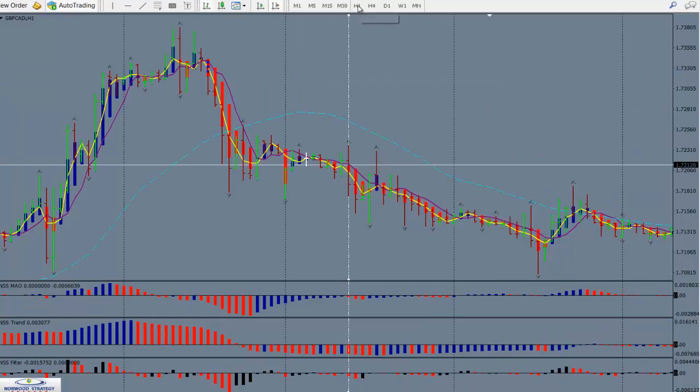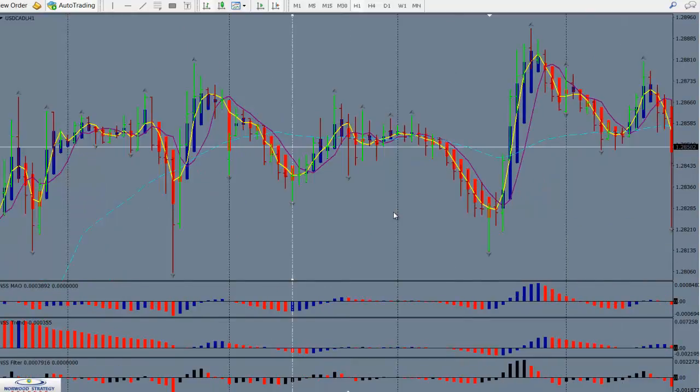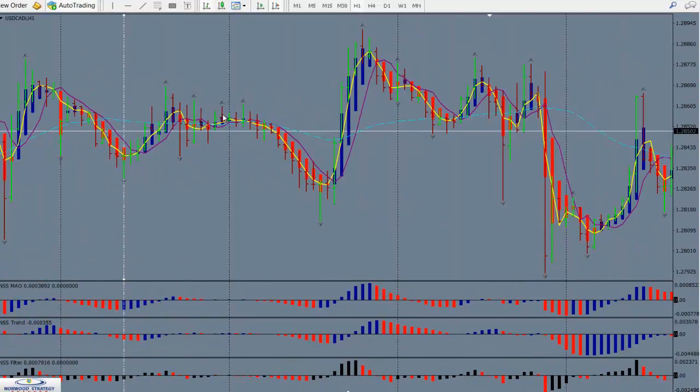I'm going to take the 1 hour as the larger time frame, and I'm going to go to a different currency pair. Let's take this one, and it's choppy over here. But what we're looking for, you want the direction of the trend when all the indicators are on the correct side of the zero line and the correct color. That would be your larger time frame that we're looking at.